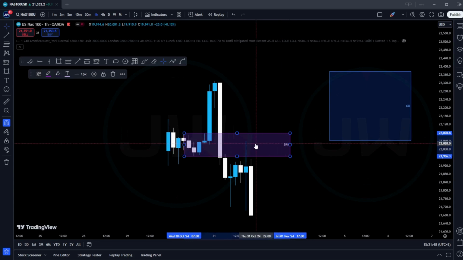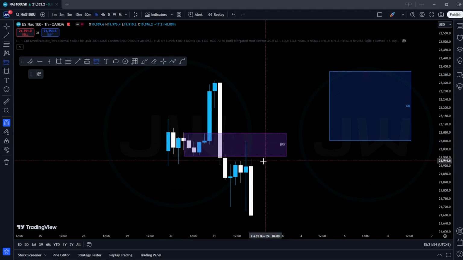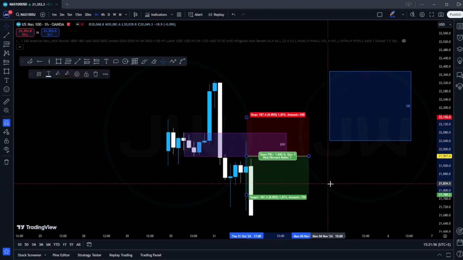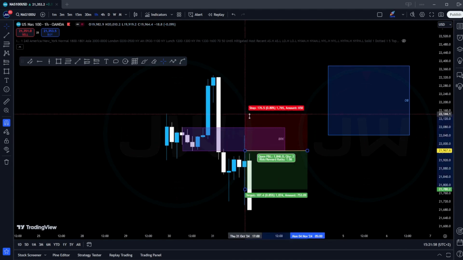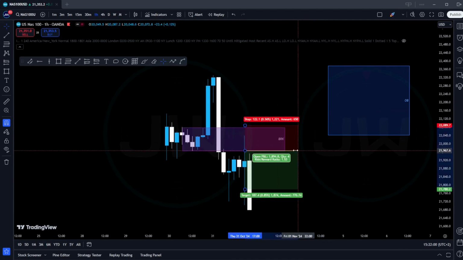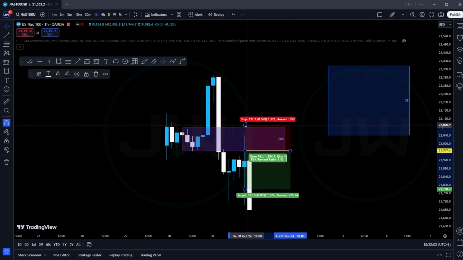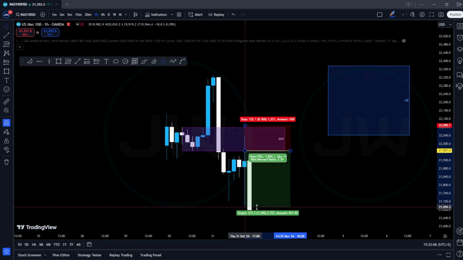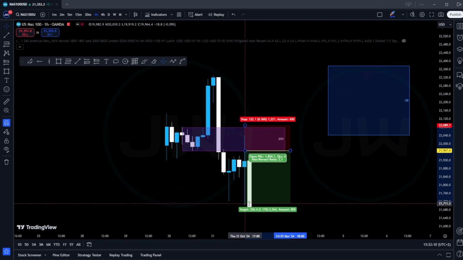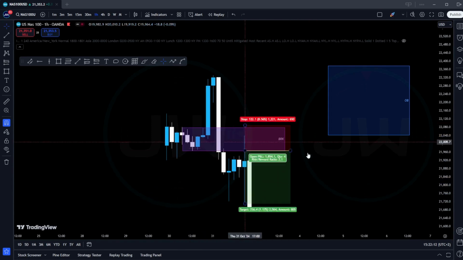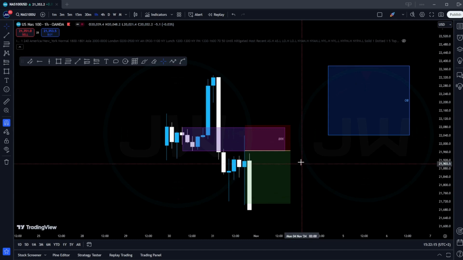You can see that price respects this breaker block, and so we can enter with a much cleaner risk to reward ratio. You can see if we have our stop loss just above our breaker block, we can have a nice target of 1 to 2 as our minimum, and that's essentially how our breaker blocks work.